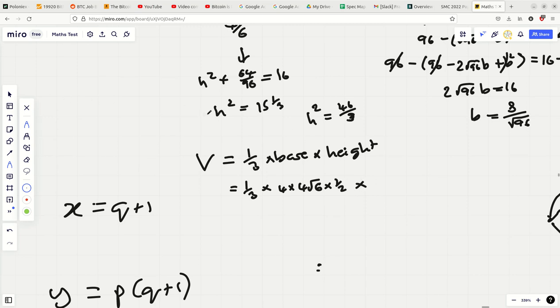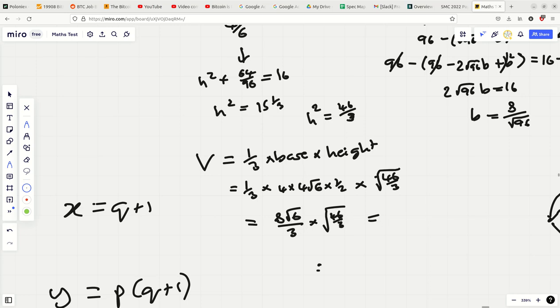Then I've got to times it by the height, which apparently is root 46 over 3. Okay, well, 4 times 4 times a half, that's going to be 8 root 6 over 3. And then I'm timesing that by square root of 46 over 3. Okay, what's that going to give me?